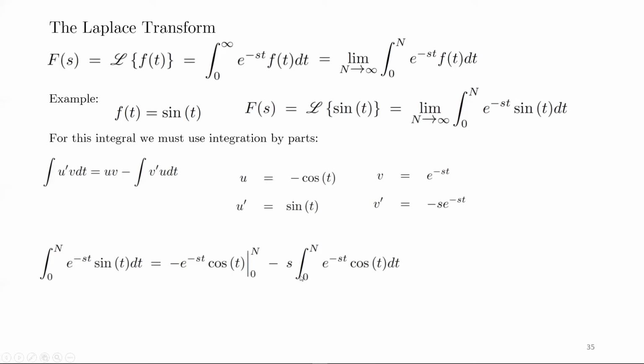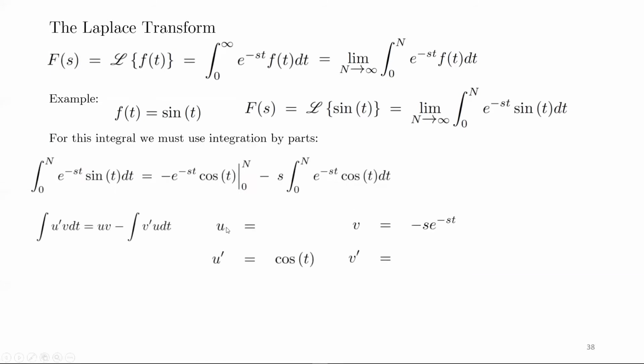So minus the integral of negative s times this exponential here, times u, which is negative cosine. So we end up getting a positive s e to the minus st times cosine, which is what we have here. I've pulled out the s because it's just a constant. The integral is with respect to t. Okay, so we get another integral that we have to calculate using integration by parts. So let's do that now.